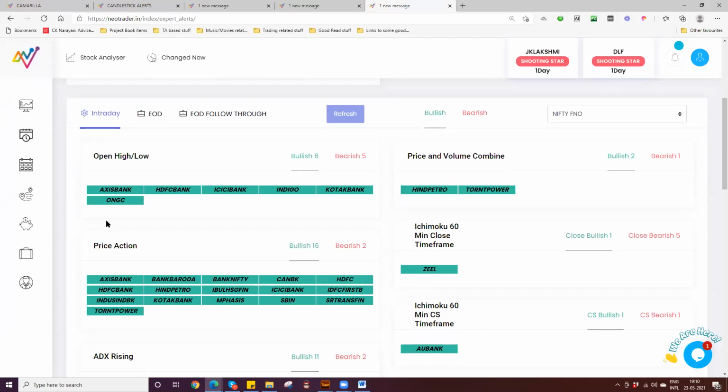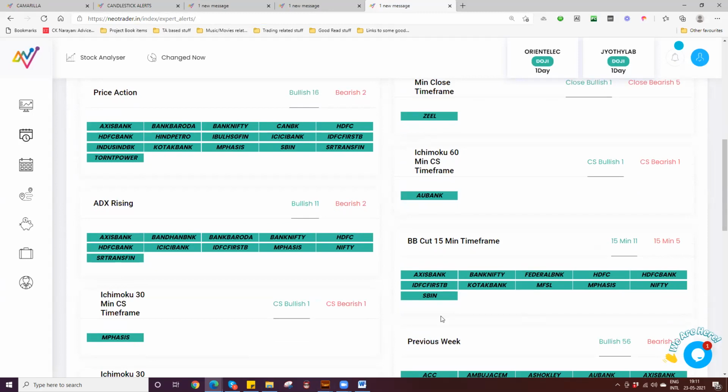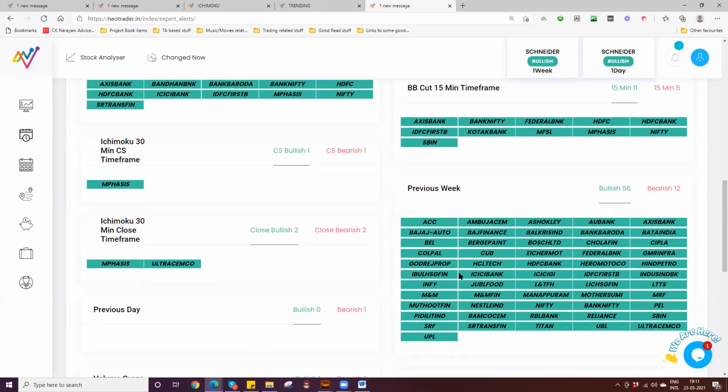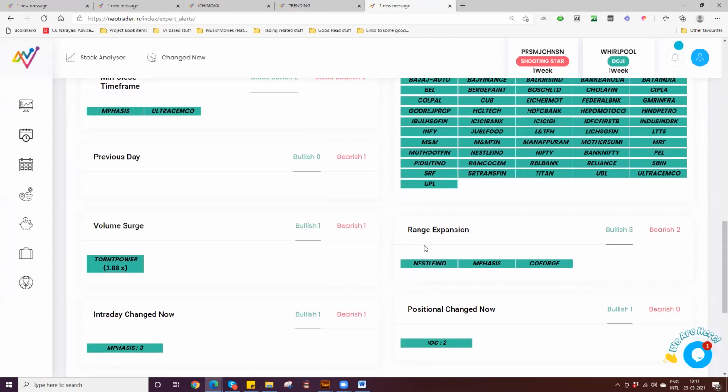You may get any of those names under open equals high/low, price volume surge, pure price action, Ichimoku in different time frames, ADX continues to rise, or the Bollinger Band cut in lower time frames, and whether it goes beyond the previous week's high, the previous day's high, range expansion.